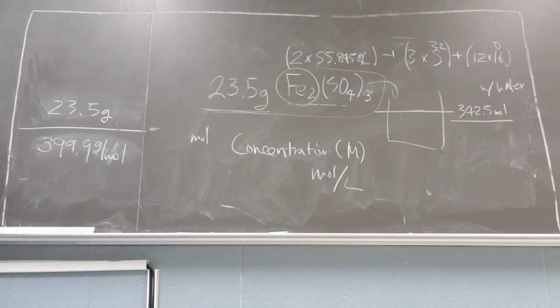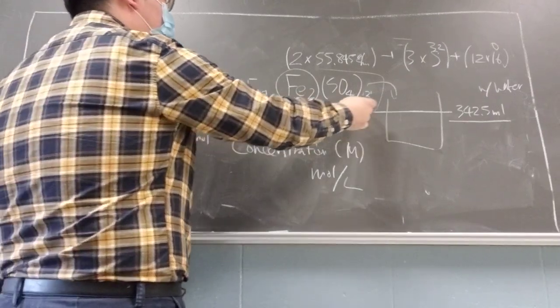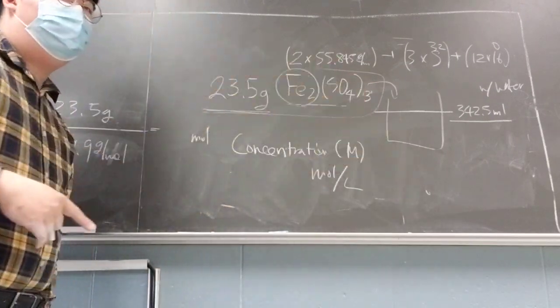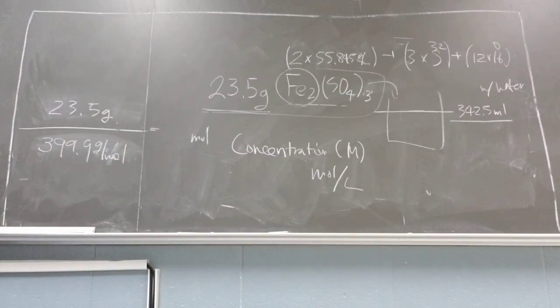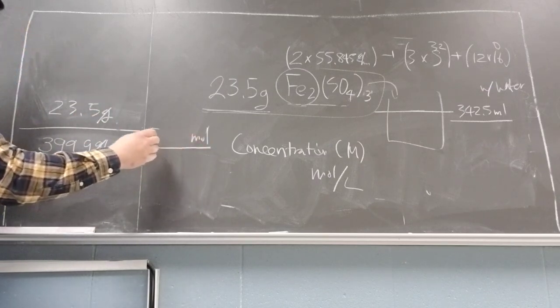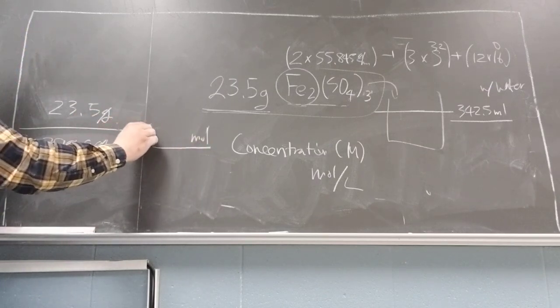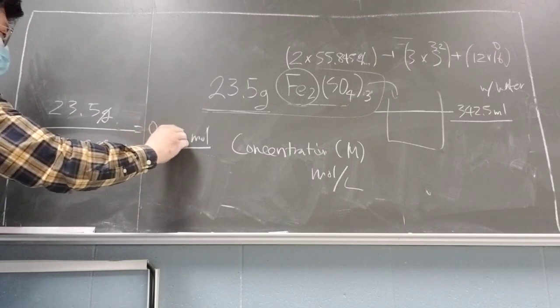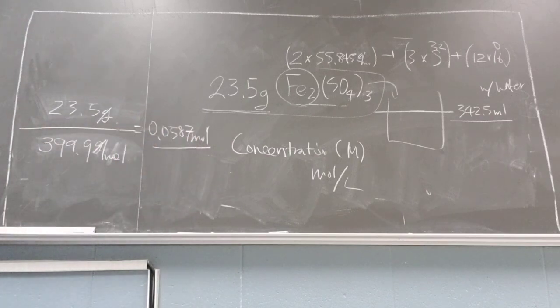By just counting the numbers of each element in your formula and adding all of those numbers, you can get the formula weight, literally is formula weight. And then you can see, once again, grams cancel, you get the number of moles, it should be around 0.0587, okay?